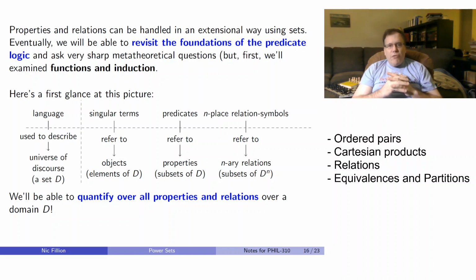The argument forms that we claim to be valid are valid. And yet, there are many questions that remain unanswered, right? Showing that arguments are invalid is a little bit harder. We haven't talked about the nature or the meaning of predicates and relation symbols yet very much, in fact.